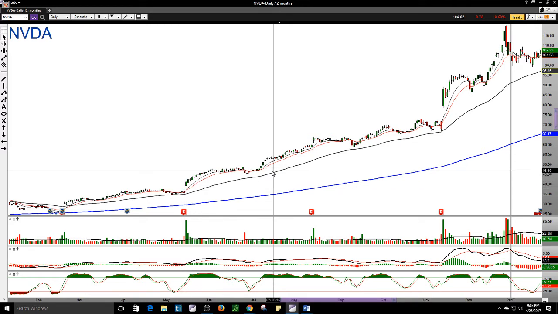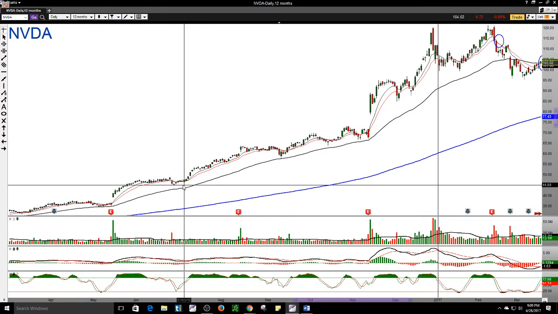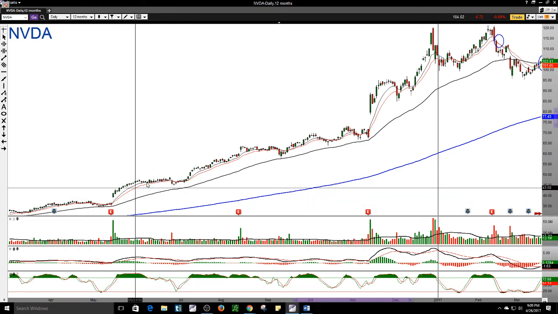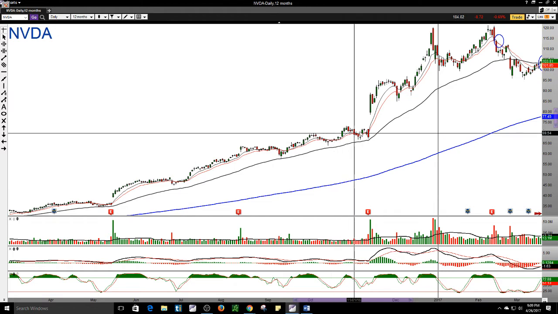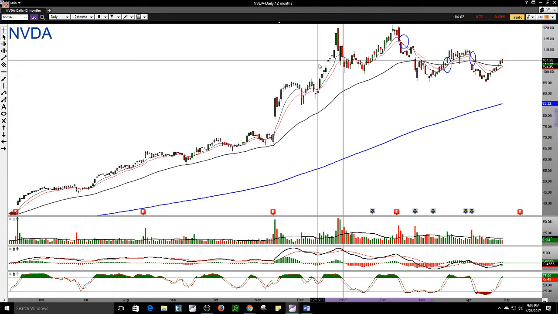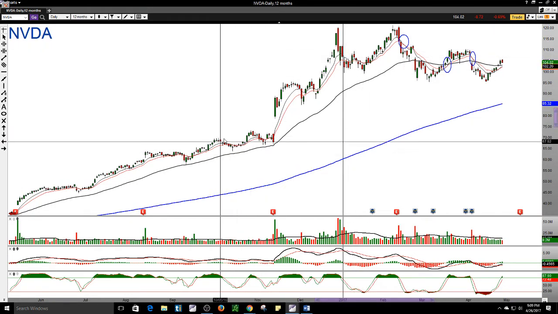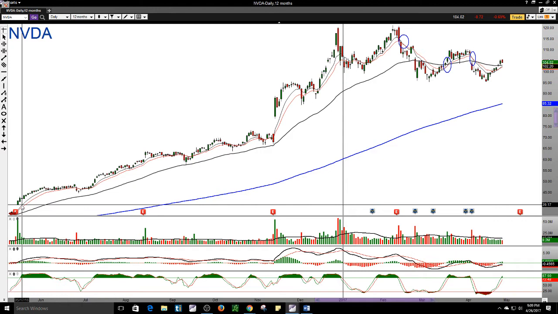If you're up quite a bit, a small 8/13 pullback or cross down of the same strategy that got you in may not get you back out, because maybe you have so much buffer zone between these ranges that you're not worried about these dips and the way the moving average comes back under each other here or here or here, because you're all the way in from here.